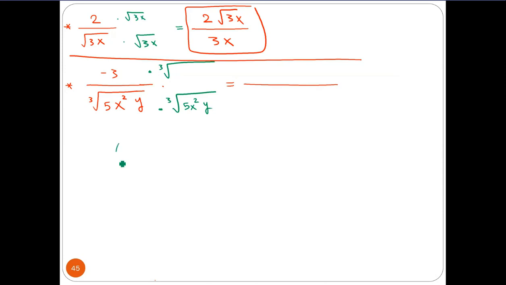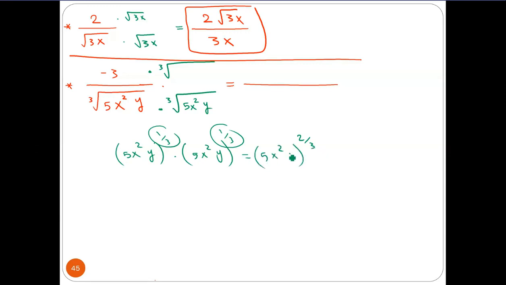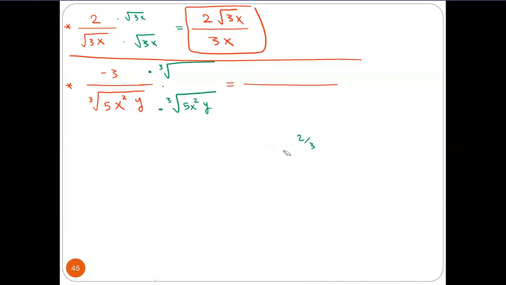خلينا نضرب 5x سكوير في y^(1/3). 1 over 3 و1 over 3 بيصير 2 over 3، ما راح. إذا شو نسوي؟ نسوي التالي. صحيح هو نفس درجة الجذر، نخليها cube roots, but we have here 5 to the power 1, must be here to the power 2.